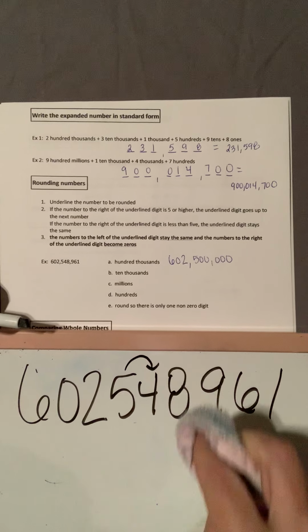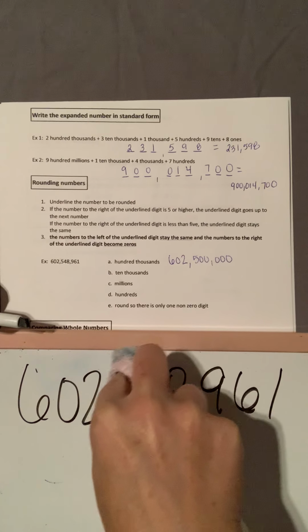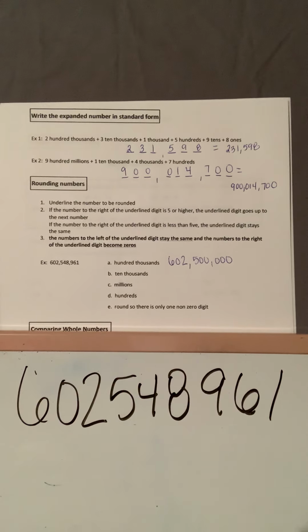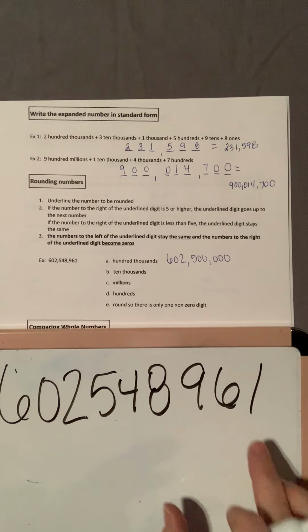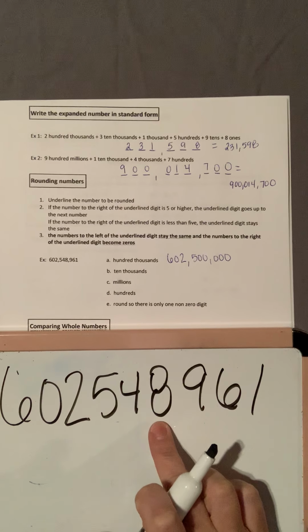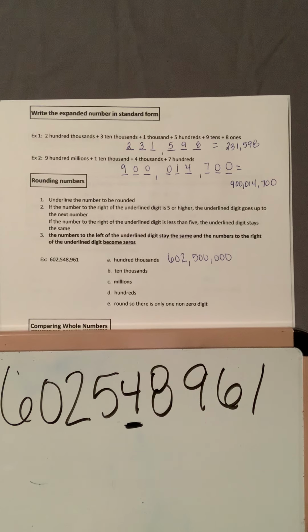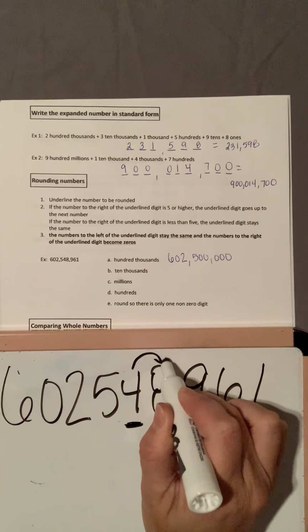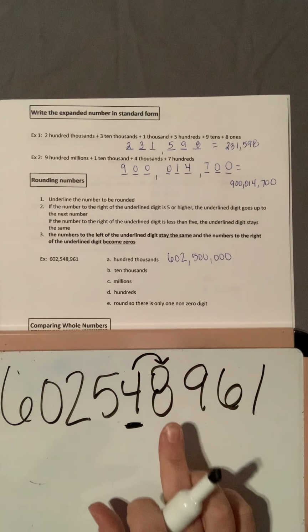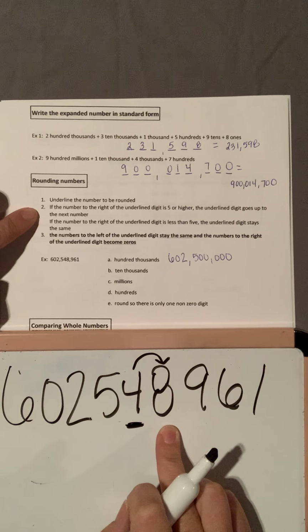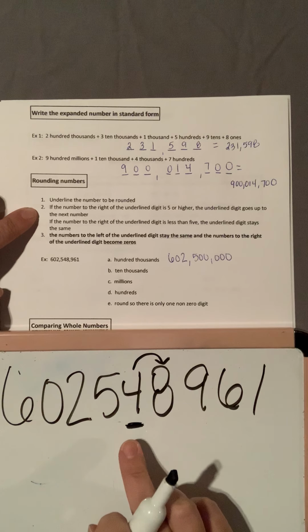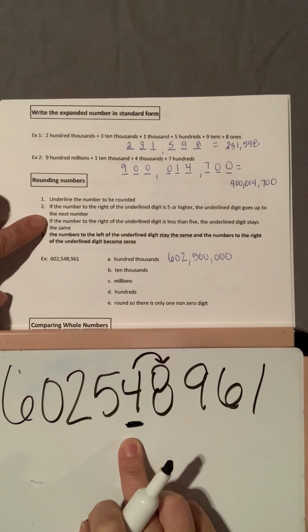Okay. Now they want us to round that same number, this time to the 10,000s. Ones, tens, hundreds, thousands, 10,000s. Look at the number to the right of it. If the number to the right is 5 or higher, the underlined digit goes up.